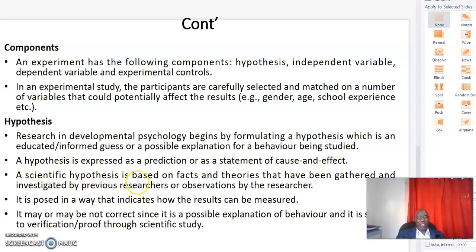A scientific hypothesis is based on facts and theories that have been gathered and investigated by previous researchers or observation by the researcher. It is posed in a way that indicates how the results can be measured. It may or may not be correct since it is a possible explanation for behavior, and it is subject to verification or proof through a scientific study.